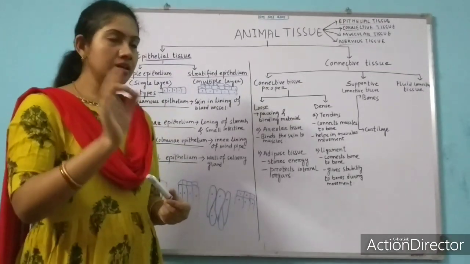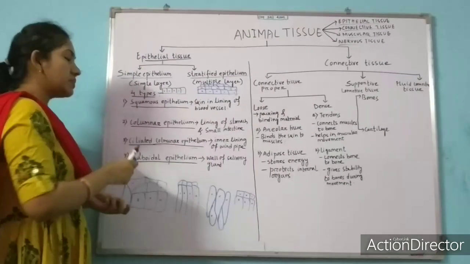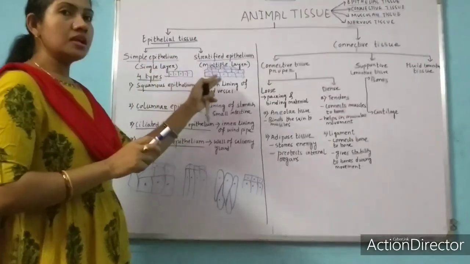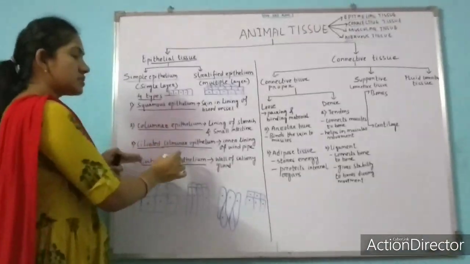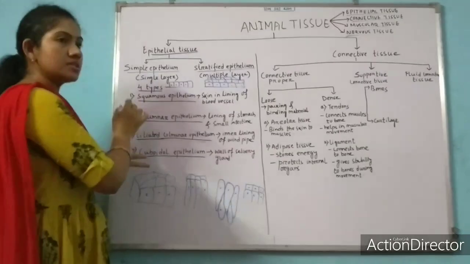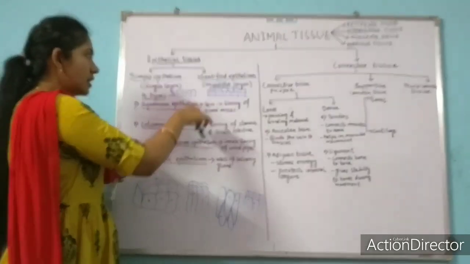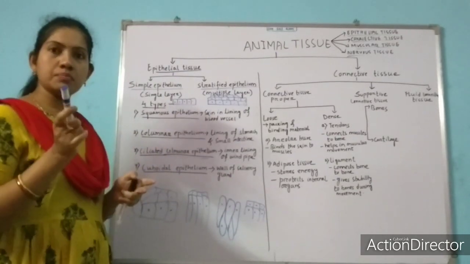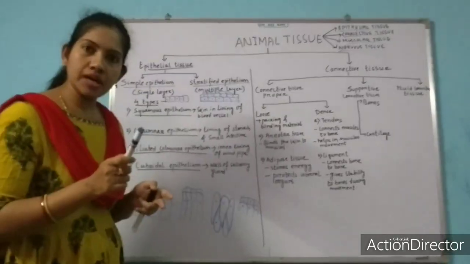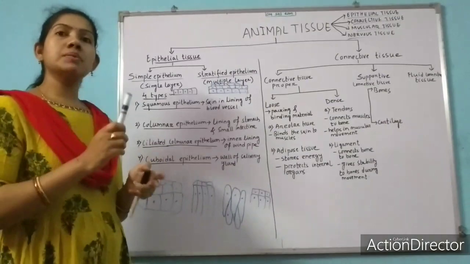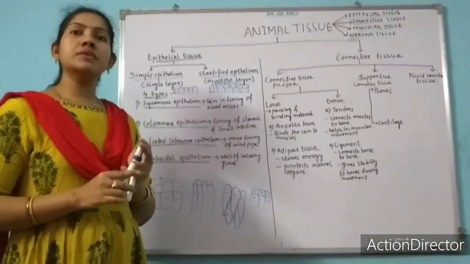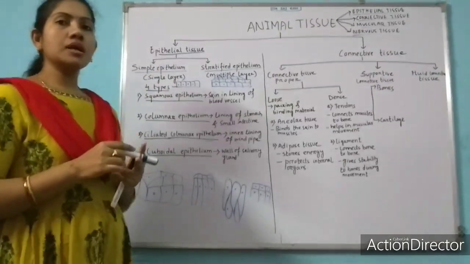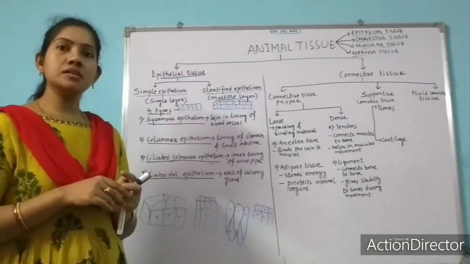Again I am repeating, these 4 types which I have written are not only for simple epithelium, they are for epithelial tissue. From the starting I am repeating, epithelial tissue may be simple epithelium or stratified epithelium. Simple epithelium is of a single layer, stratified epithelium is of multiple layers. So epithelial tissue can be of 4 types.